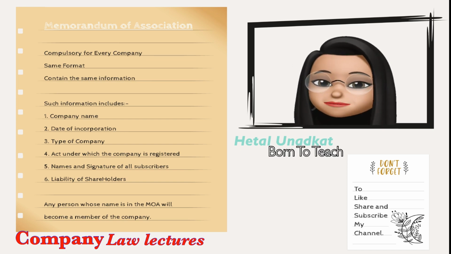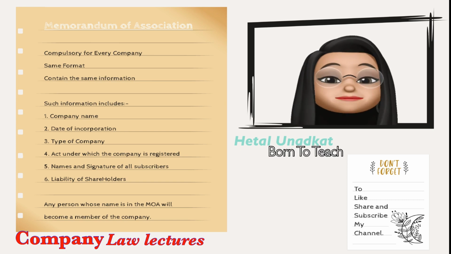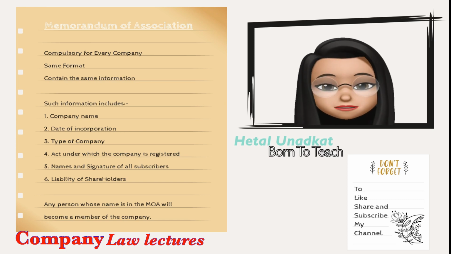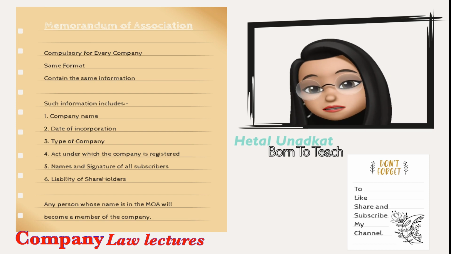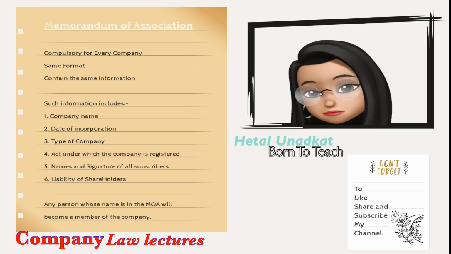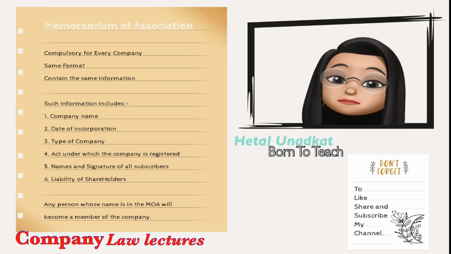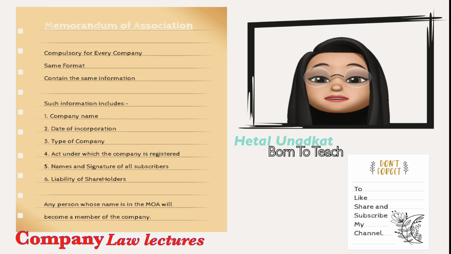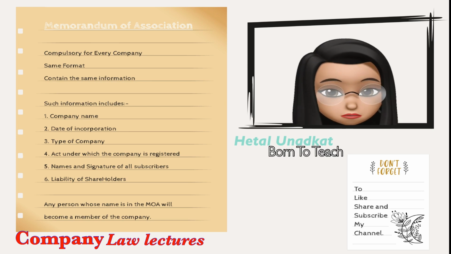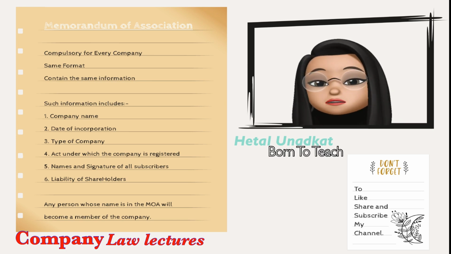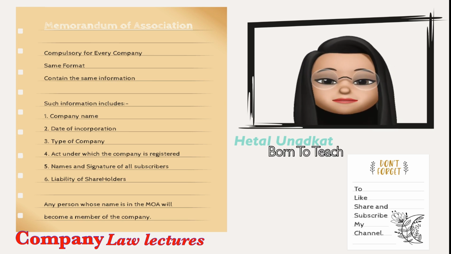After that comes the third title, which is the type of company. You need to provide the type of your company, whether it is private or public, with limited shares, with limited liability. There are so many types of company. If you don't know, you can check out my video on the types of company.